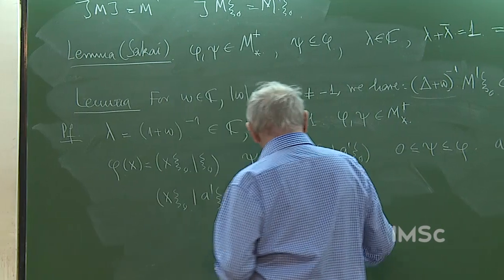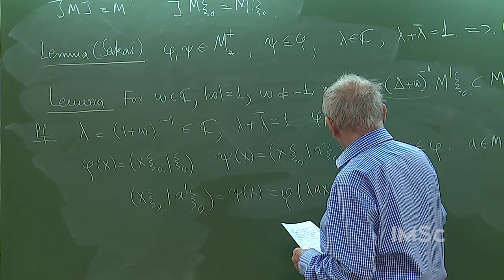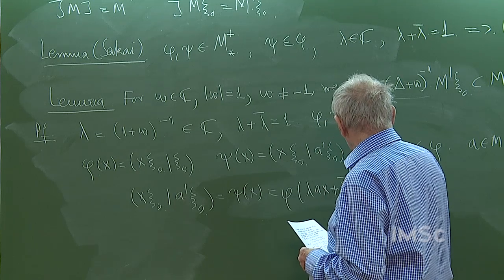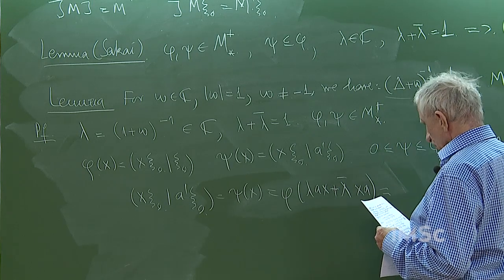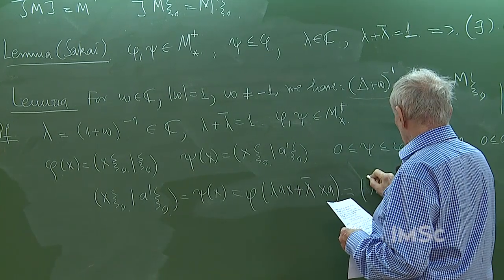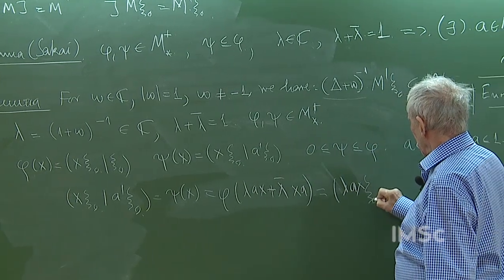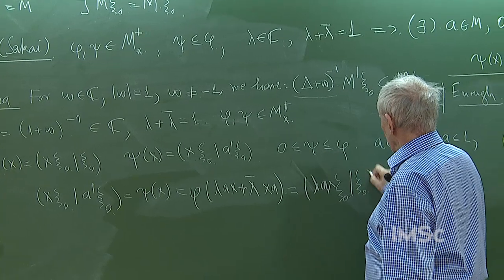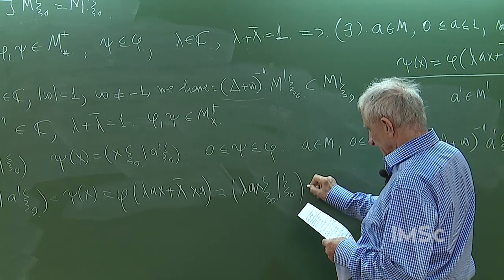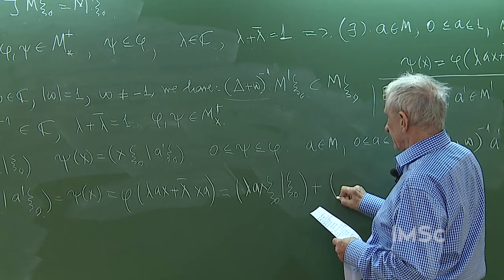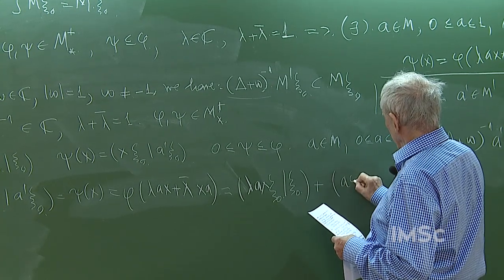This is equal to phi of lambda ax plus lambda bar xa, which is equal to lambda ax psi naught psi naught. This is because of the definition of the functional phi, plus this is a psi naught, a psi naught.